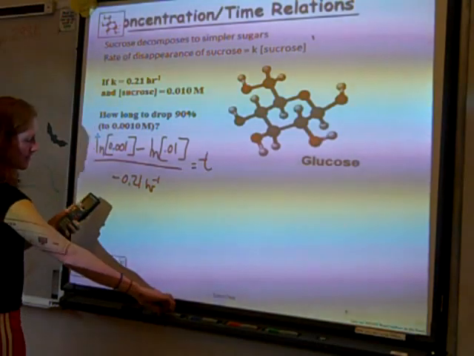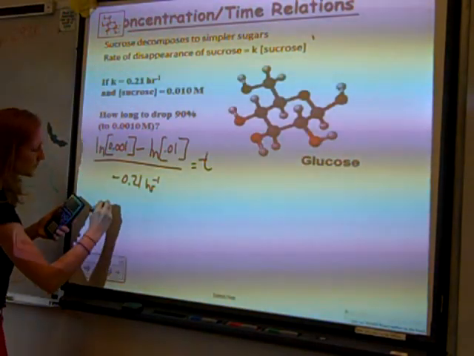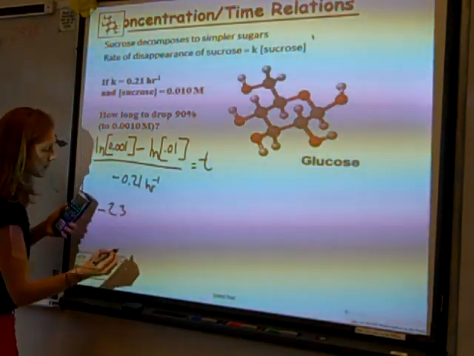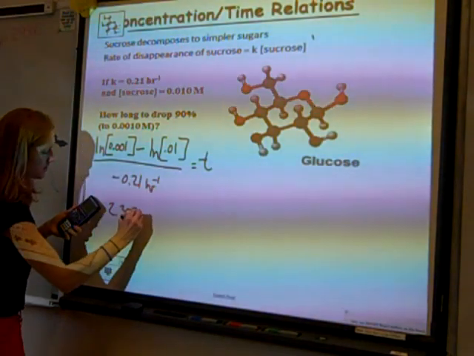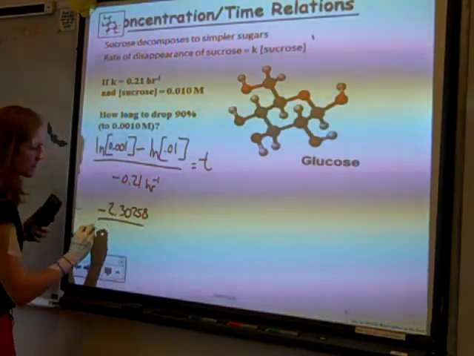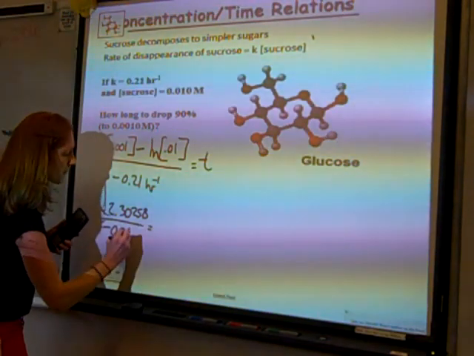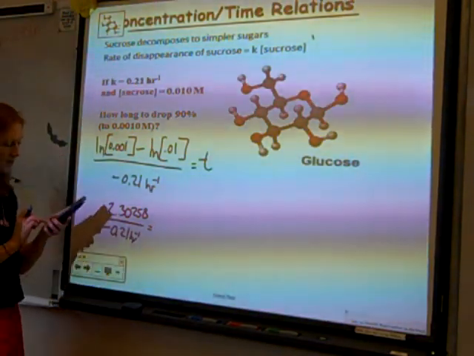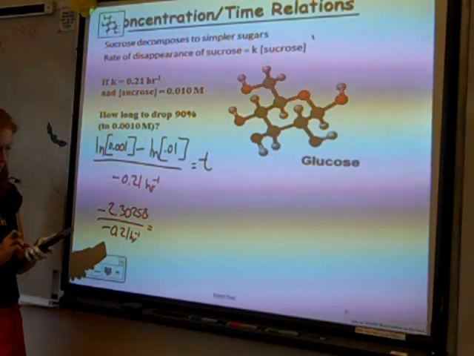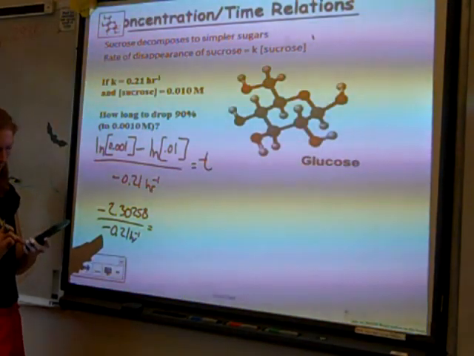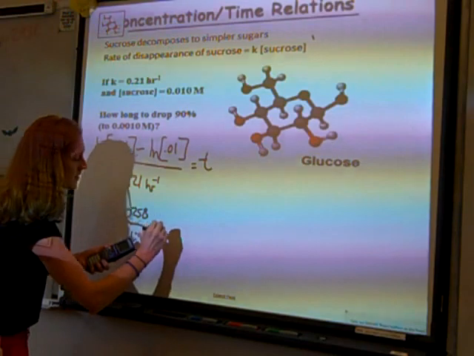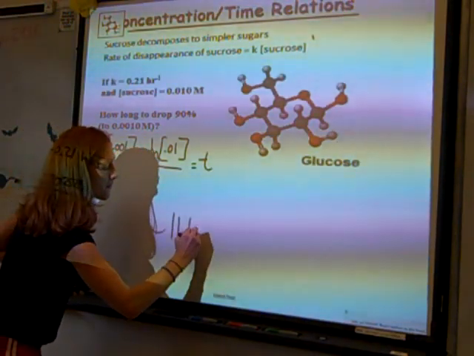And I'm going to get negative 2.3 over this negative 0.21, right? And that's per hour. So divided by 0.21, and it's negative. And I get 11 hours.